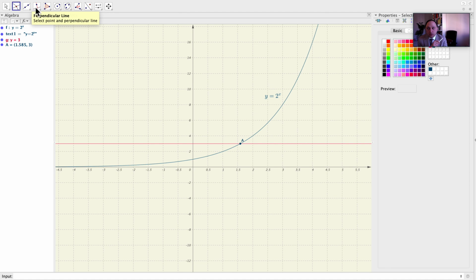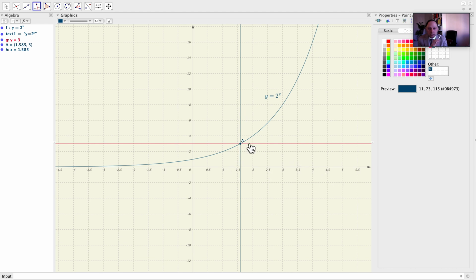For example, I go to this part of GeoGebra, you see it is written perpendicular line. So I choose this option, I choose this point, and I choose the x-axis. Then you see that GeoGebra draws a line passing through that point perpendicular to this one. You need to learn these things. This is also very fun if you want to work geometry with GeoGebra.